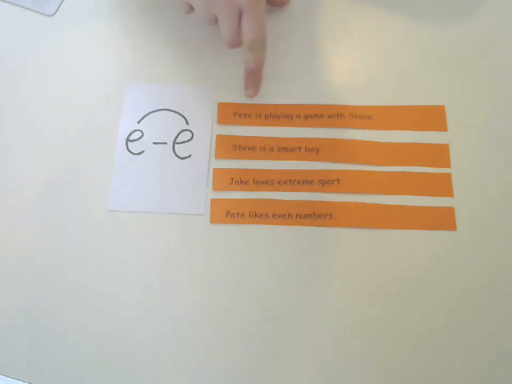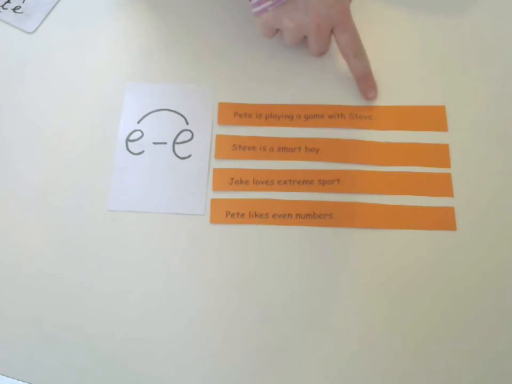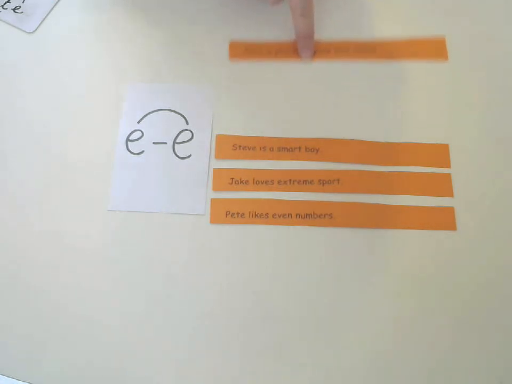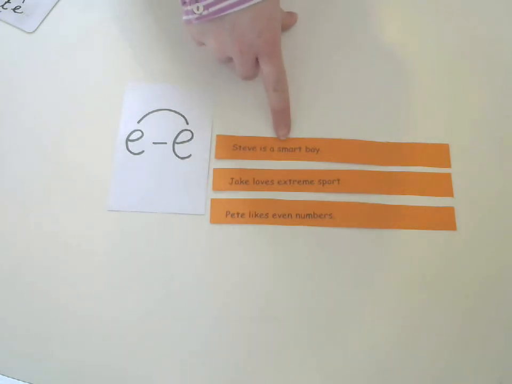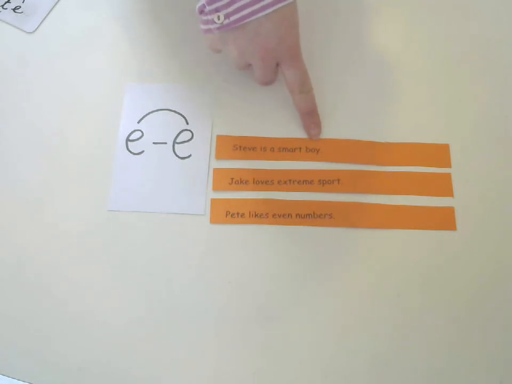Okay, so we have: Pete is playing a game with Steve. Steve is a smart boy.